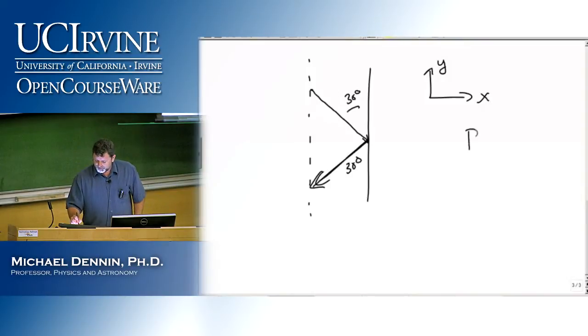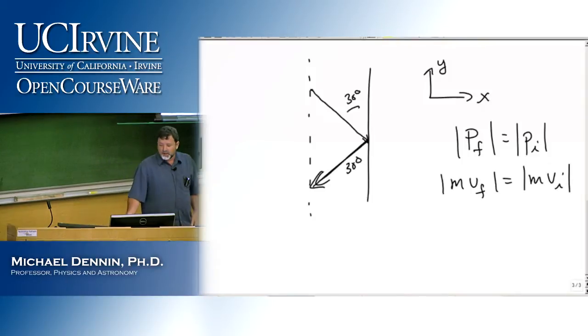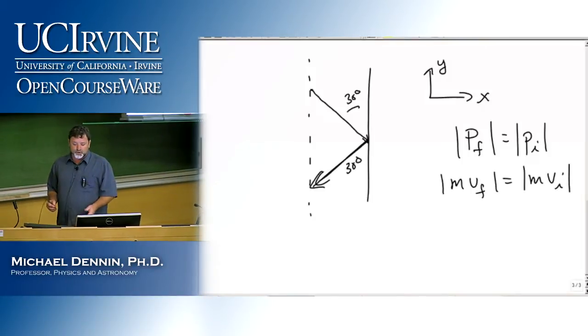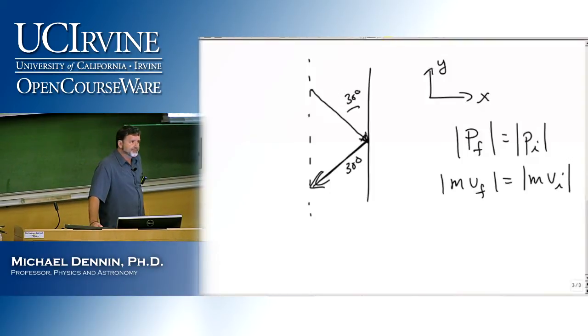If they have the same speed, then we know the magnitudes are equal, because the magnitude of mv final equals the magnitude of mv initial, because the mass hasn't changed and the speed hasn't changed. Now, given that they're the same magnitude, what do you immediately know from looking at this?